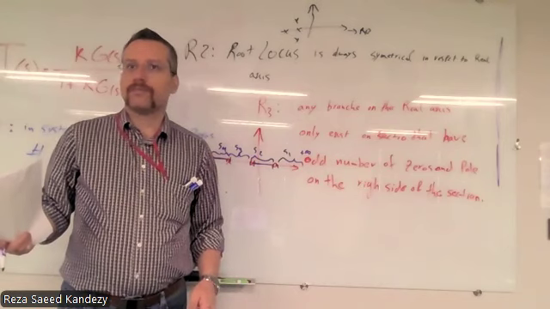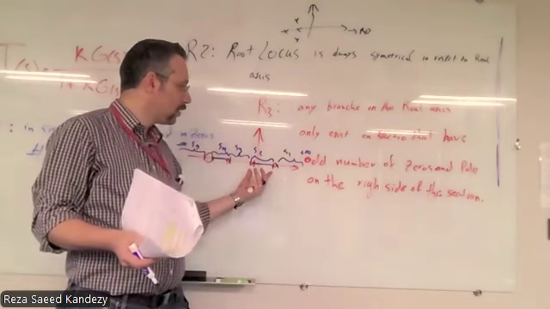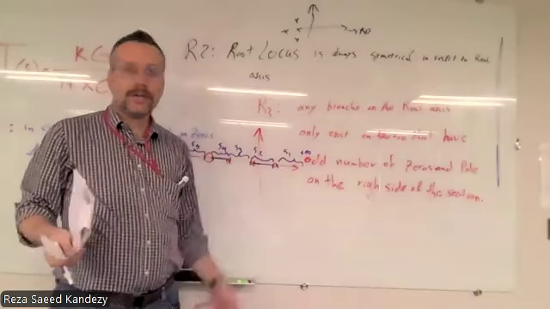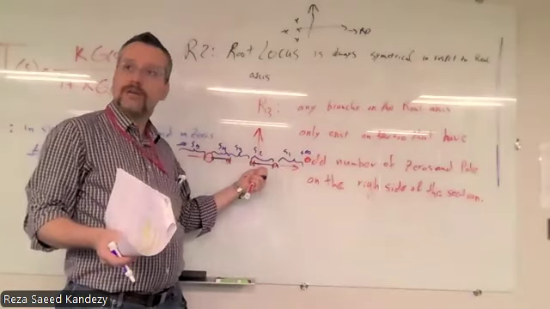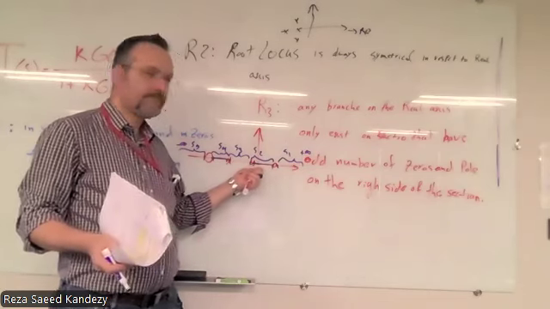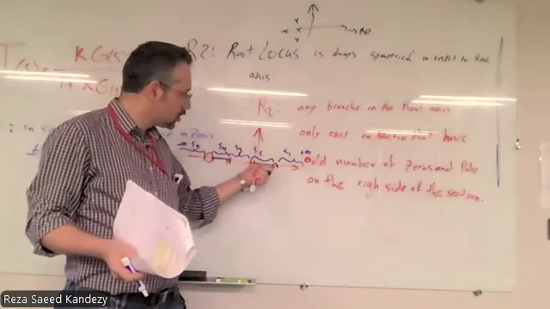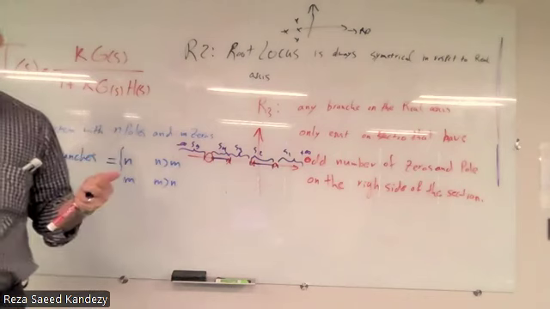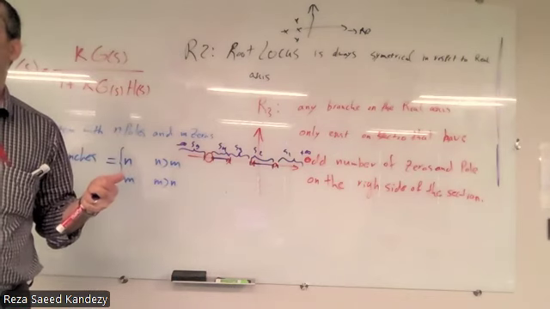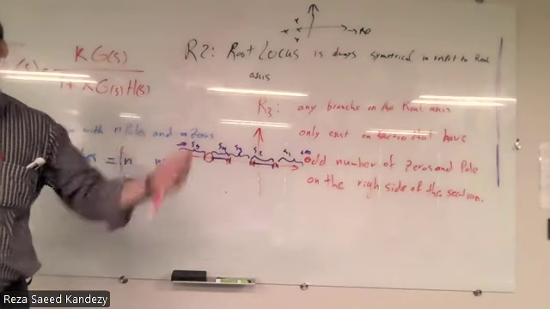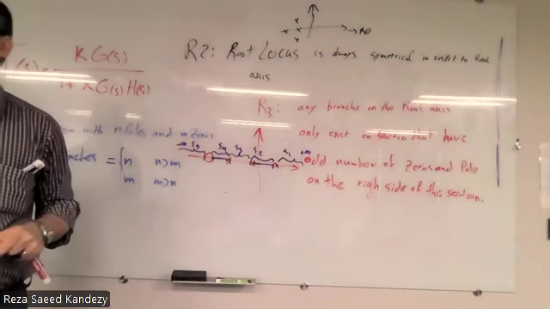Now, this one has 1 pole to the right. That means for some k, we are going to have poles in this section. So this section is going to be part of our root locus graph.